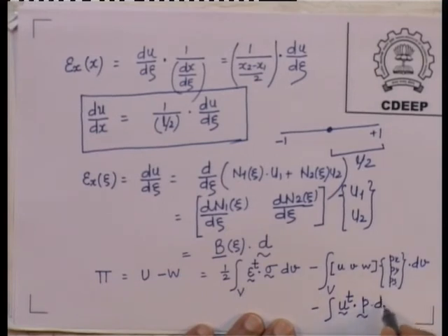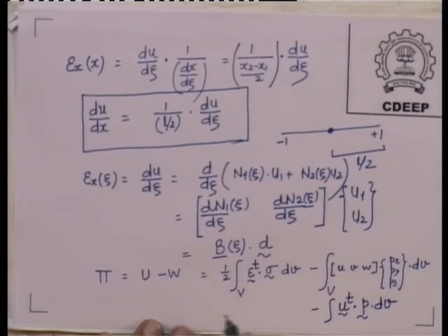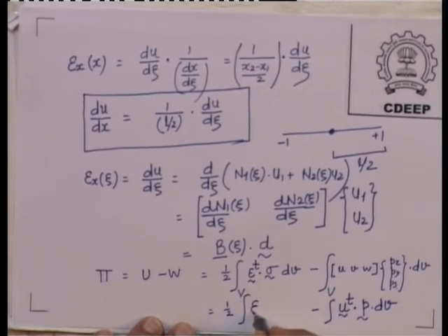What will you call this? U transpose, and P. I think this expression I have given. So your energy expression is always strain transpose sigma into dV.